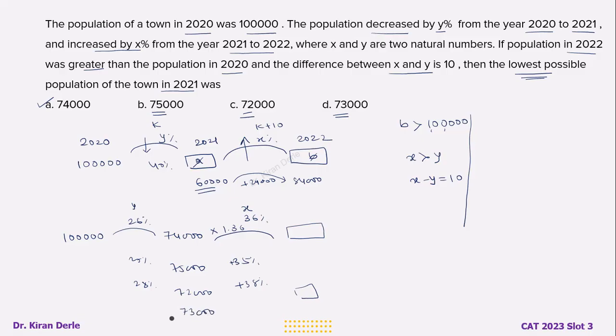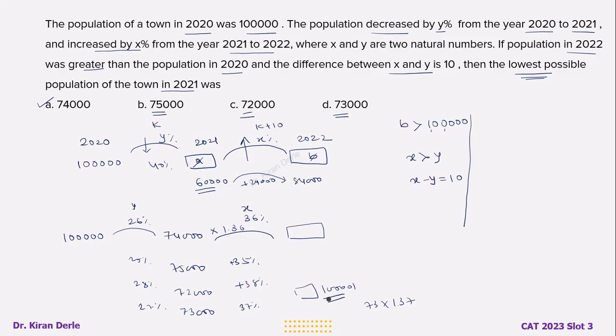The value of y will be 27%, I'm sorry. So x will be 37%. So you have to multiply 73,000 into 1.37, and this is going to give you a pretty close answer which is greater than 1 lakh. This is the minimum possible, lowest possible, somewhere around this.